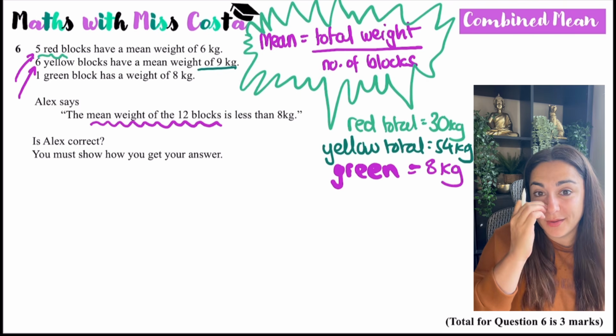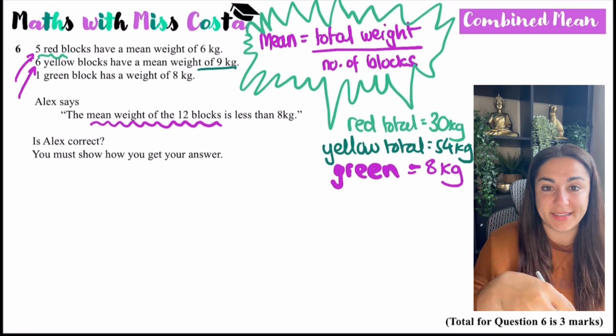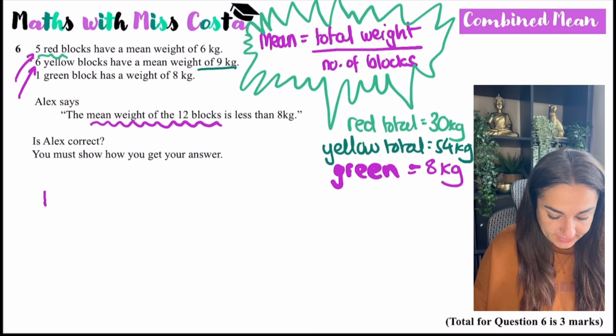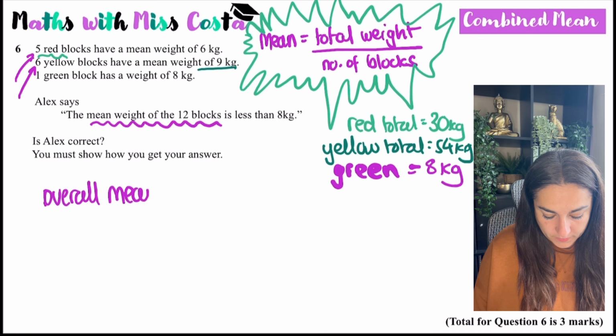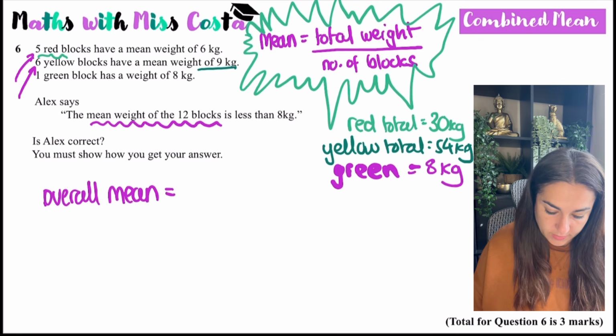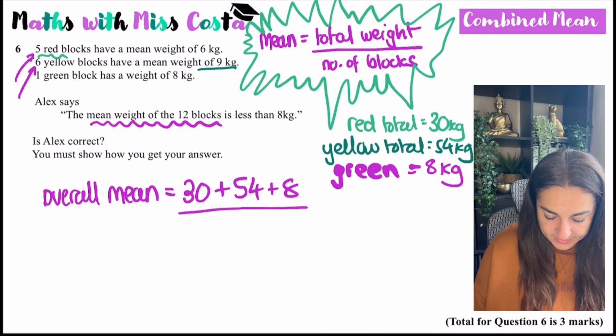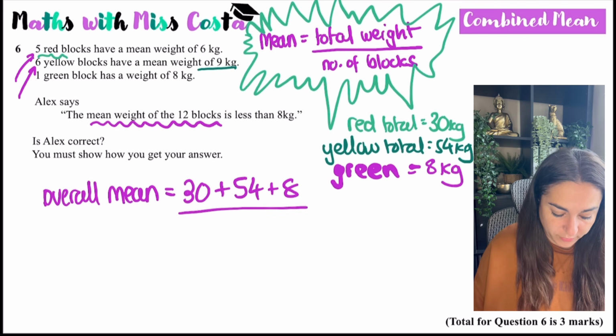So now that I know the individual weights of all of the different blocks, now I can work out the overall mean of all of the blocks. So the overall mean is going to be the total weight. So it's going to be 30 plus 54 plus 8 divided by the number of blocks.